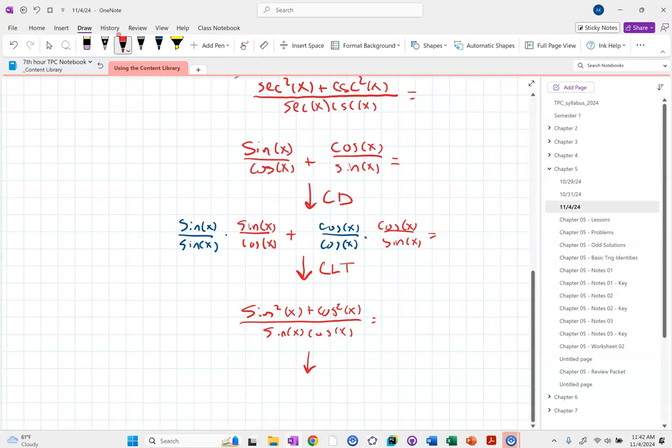What do I notice here that I could use? It should be staring you right in the face. Yeah, it's sine squared plus cosine squared. That's just P1. That's 1.